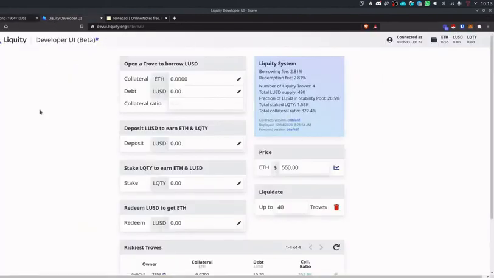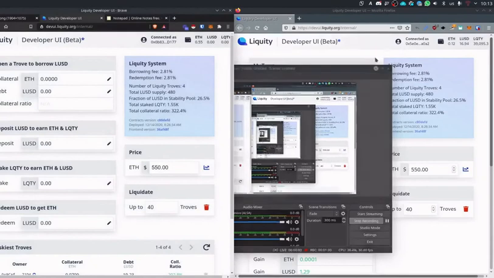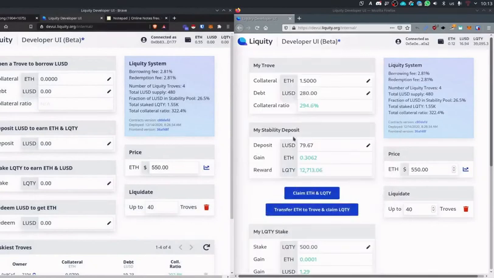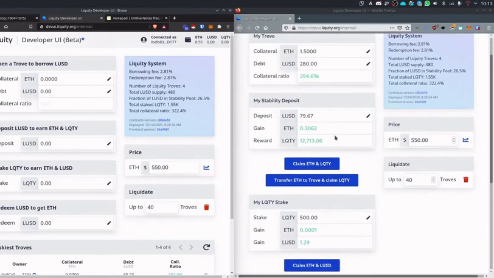For the demonstration I'll be using a new account and an old account which is already set up to capture revenue. So I will be showing you how the actions of this account will result in gains on this account. There are 2 main vehicles, so to say, to capture revenue.